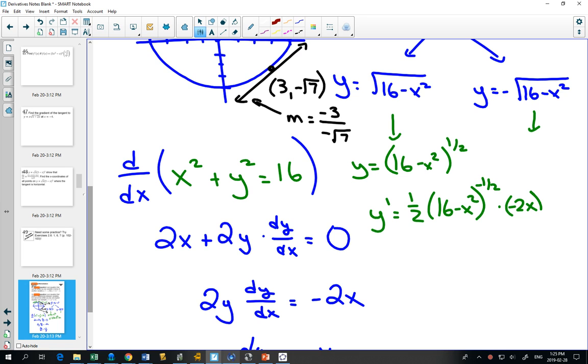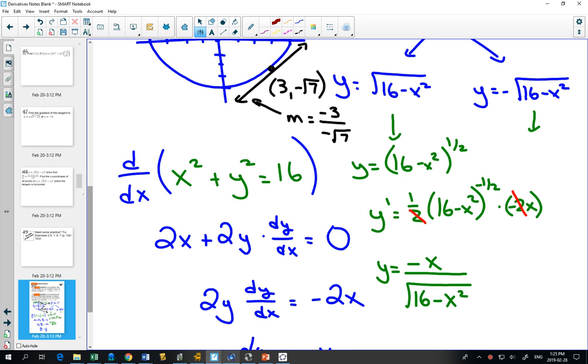Derivative of the inside would be negative 2x. If I simplified this, can you see that the 2's would simplify? And I would be left with a negative x in my numerator and the square root of 16 minus x squared in my denominator.